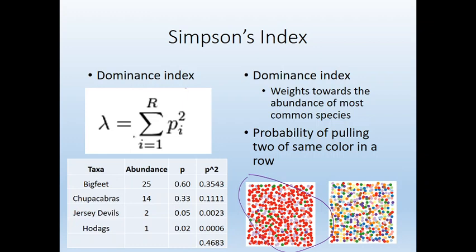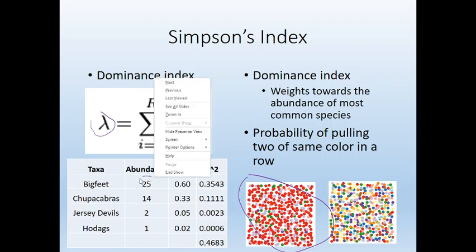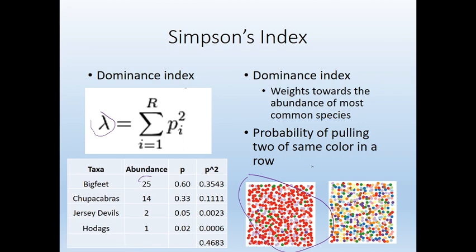How you do this is that the Simpson's index is abbreviated as lambda, the Greek letter lambda, and it's the sum of the proportion squared for all of them. So for our mythical community, you've got 25 out of a total of 42.